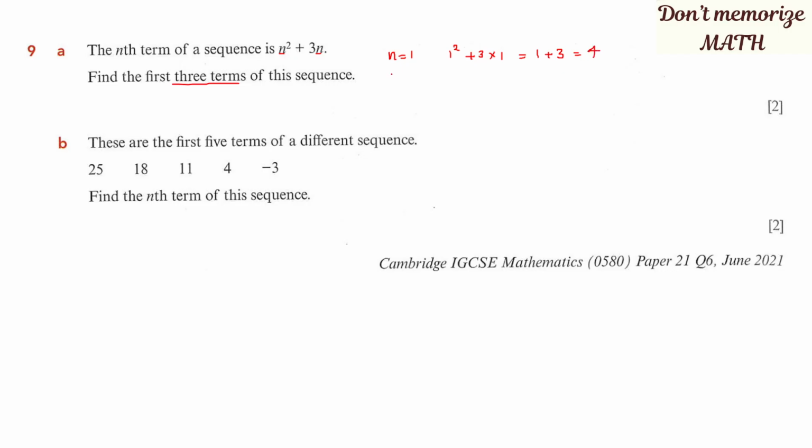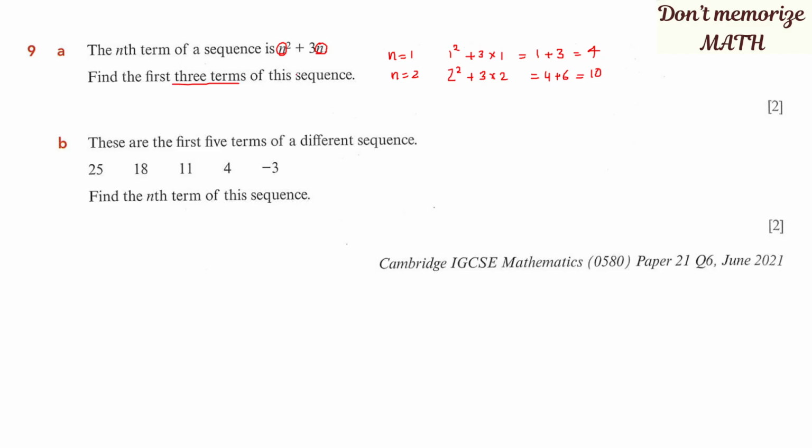Then second term means n is equal to 2. So just replace n by 2. So 2 squared plus 3 times 2. So 2 squared is 4, 3 times 2 is 6, 4 plus 6 is 10. Then next term.